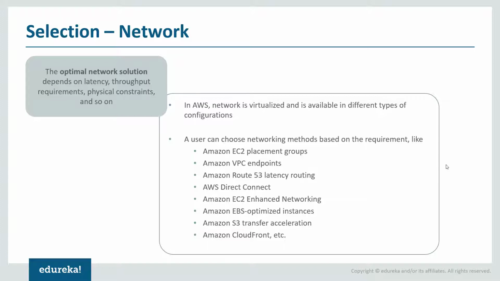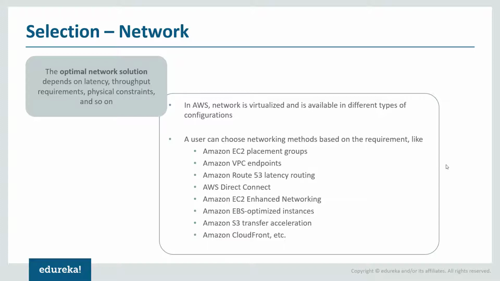You can use methods like EC2 placement groups, VPC endpoints, AWS Route 53 latency routing, AWS Direct Connect, EC2 enhanced networking, EBS optimized instances, Amazon S3 Transfer Acceleration, and Amazon CloudFront. This can improve the network performance of your infrastructure as well as your application.